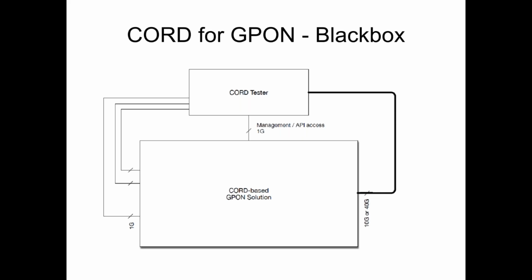Okay, so what is the functionality of the card tester here? It generates the control plane operations and traffic, which comes in at 1G, passes through the card, which is the system under test, then goes out through the 40G, and gets back to the tester.